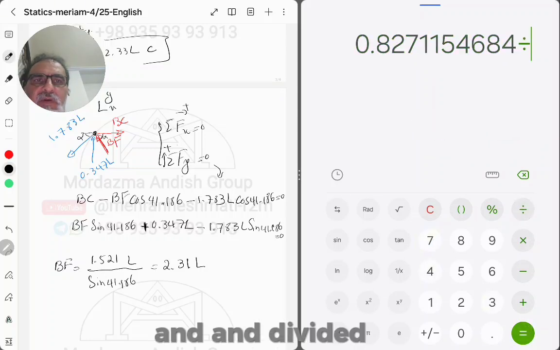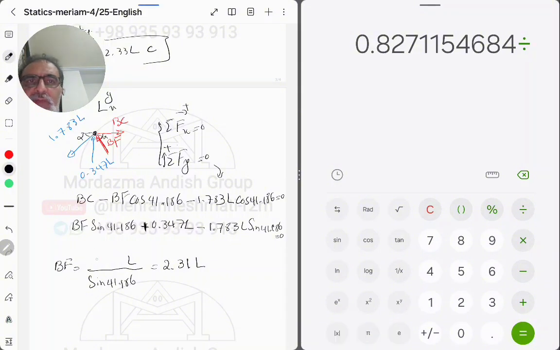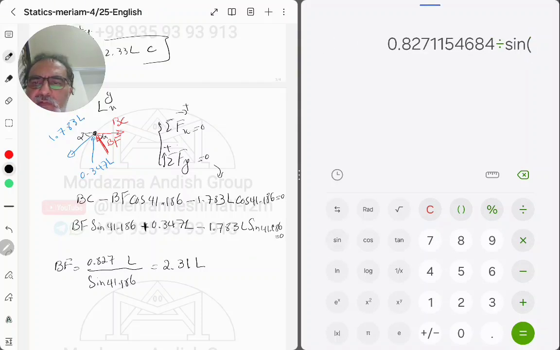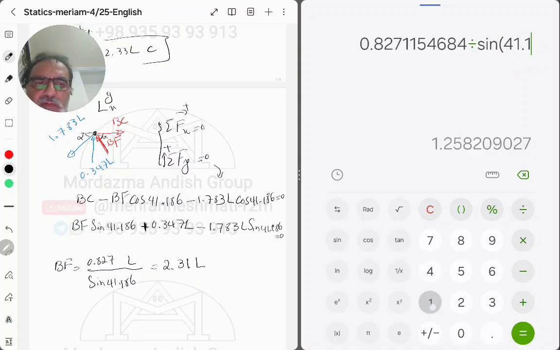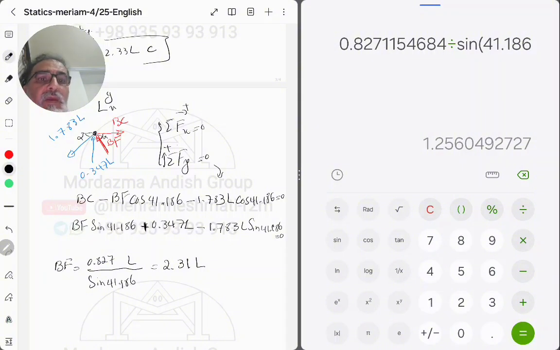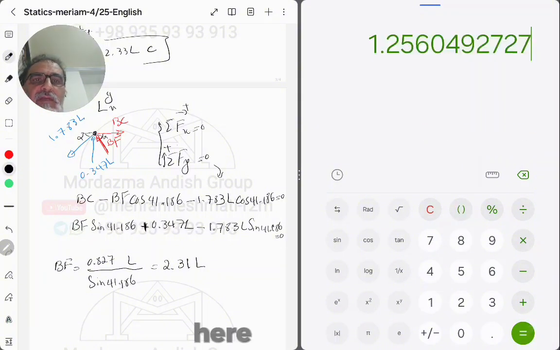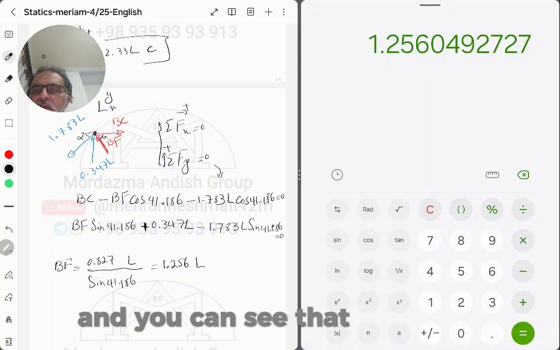And you can see that for BF it's compression.